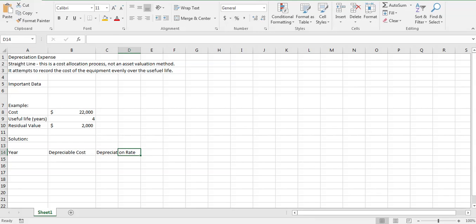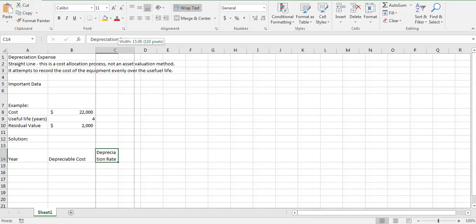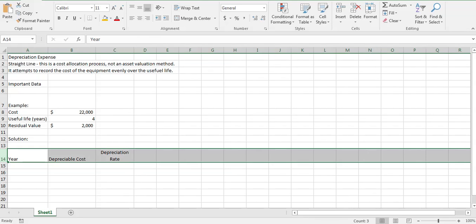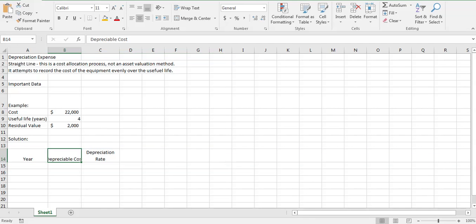In our solution, we will set up some columns: one for the year, one for the depreciable cost, and a depreciation rate. I'm formatting the columns, setting up the wrap text, and making sure that all our columns are properly named.